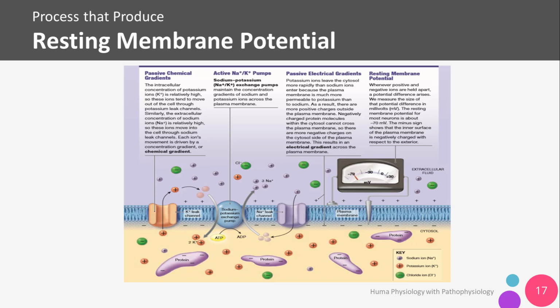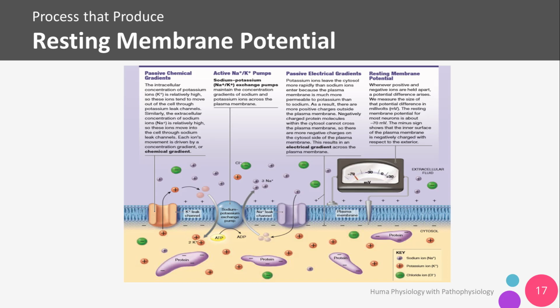It is going to allow potassium to leak out, and remember that diffusion works by allowing ions to flow from a high to a low concentration passively. So if potassium is higher on the inside of the cell, by diffusion, potassium will flow out naturally.